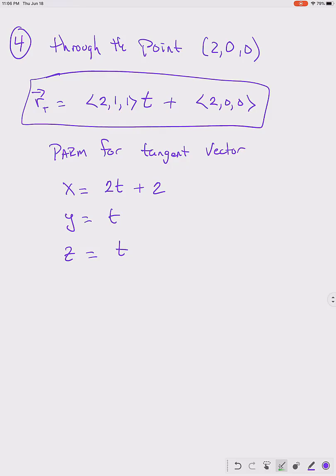And in case you can't remember where I got that, I take 2 times t, that's the 2t, plus the x component, which is 2, and the 1 times t is t, plus 0 for the y, and the 1 times t is t, plus 0 for the z.